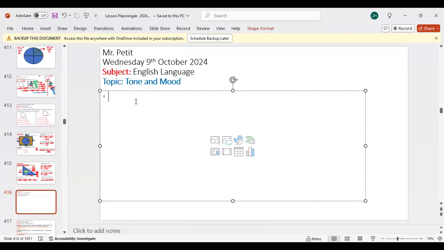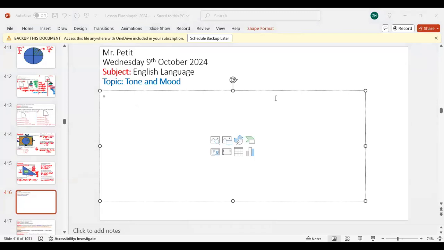Okay. How many persons learned about tone and mood before? I did. You did? Okay. How many persons have never heard of tone and mood? You don't know what this is? I have never heard of it, but I think I have an idea of it. Okay. What is the tone of a particular piece of writing?